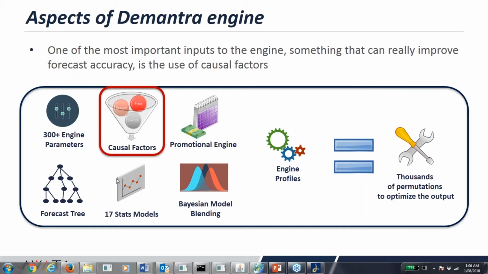There's a whole bunch of different statistical models, regression models, Holt, and intermittent models as well. In addition to that, there's the Bayesian blending of those models together. There's a promotional engine, and there are multiple engine profiles.